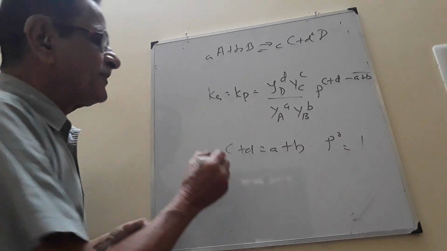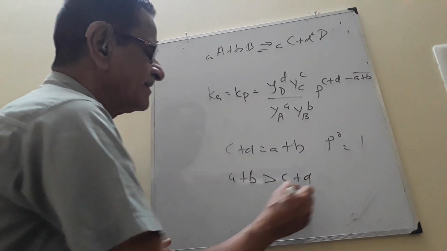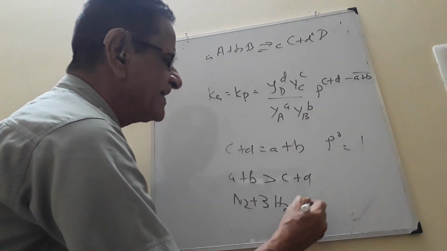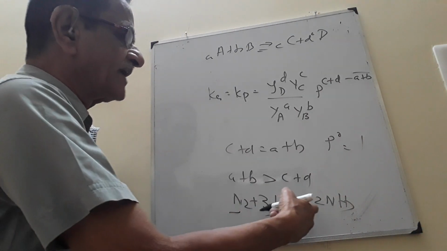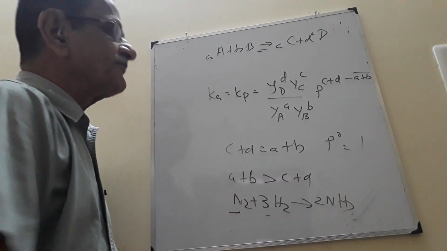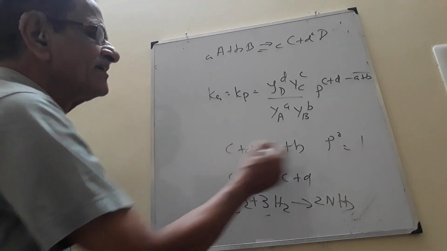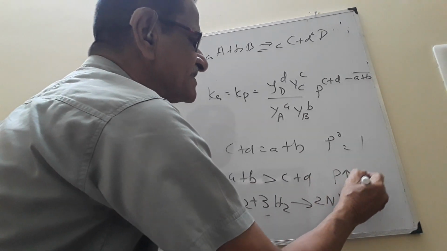However, if a plus b is greater than c plus d, for example, N2 plus 3H2 giving you 2NH3, 3 plus 1 is 4, and 4 is greater than 2. For such reactions, the higher the pressure, the greater the conversion.